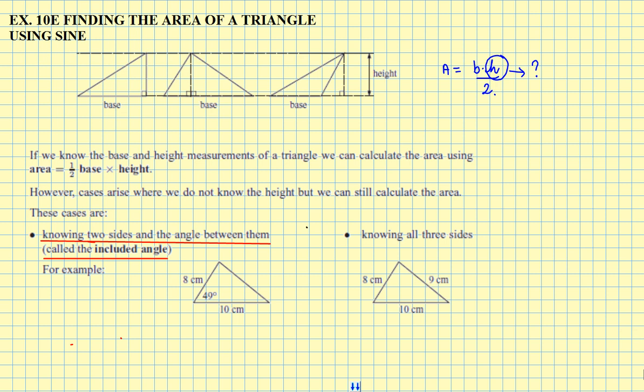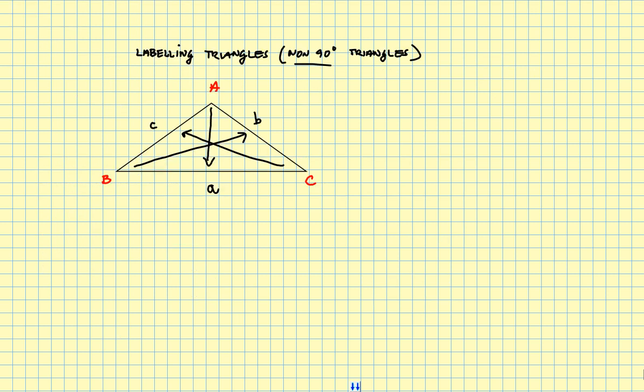All right, so we're going to very quickly go over a concept that is very important, a way of labeling the triangle that you absolutely need to know about. This method is done for non-90 degree triangles.